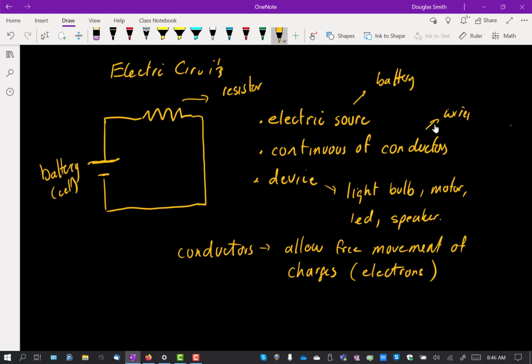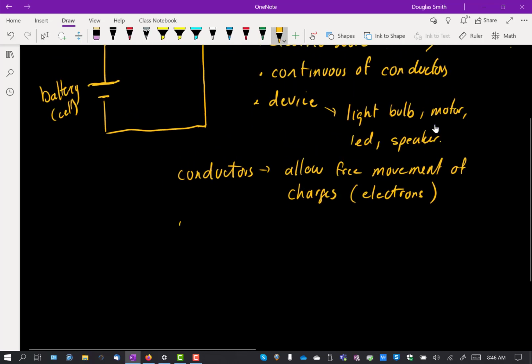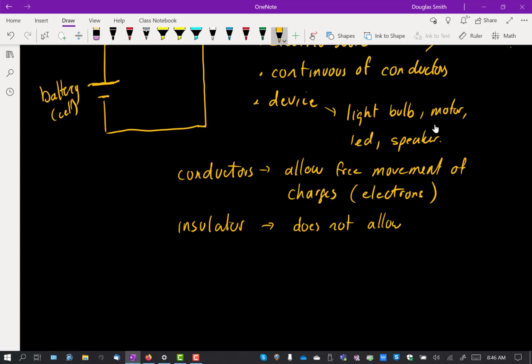You can have a circuit that goes through, say, an acidic solution, and that'll work as a circuit. It's not moving electrons, it's moving ions, because ions are a type of charge. And just the opposite of a conductor is an insulator, and these do not allow charges to move.